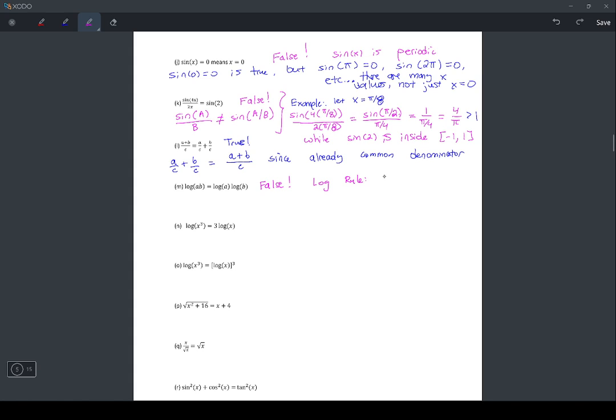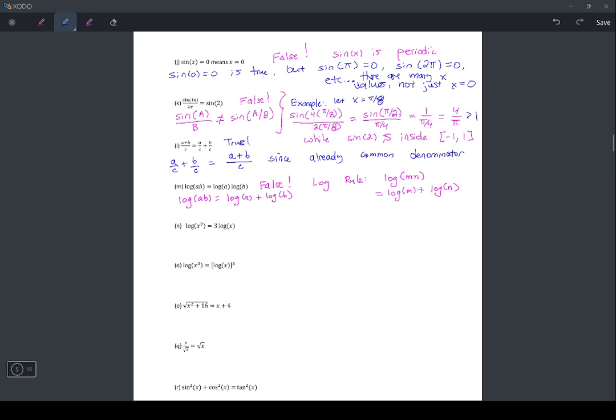One of the log rules is that the log of 2 things multiplied together, I'll call them m and n, is equal to the log of the first plus the log of the second. So log of A times B is log of A plus log of B. They're not multiplied together.